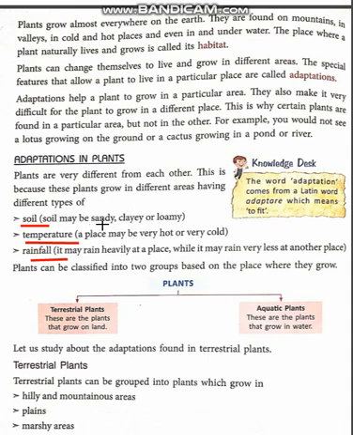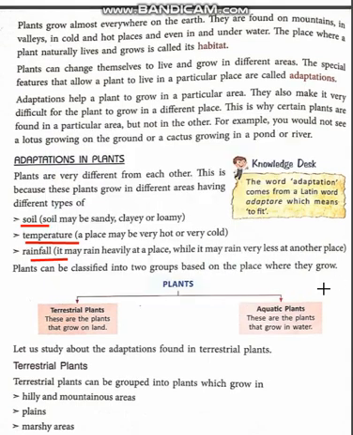Soil may be sandy, clayey, loamy. Temperature may be very high or low. Rainfall may be heavy at one place, or very little in other places. So accordingly we classify plants into two types.